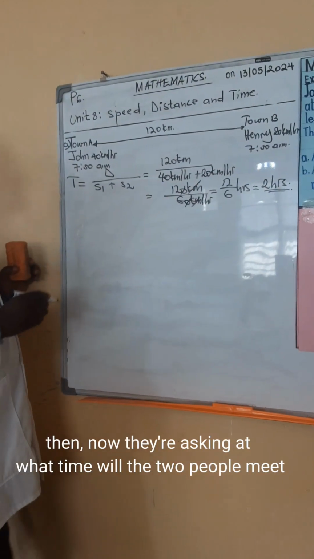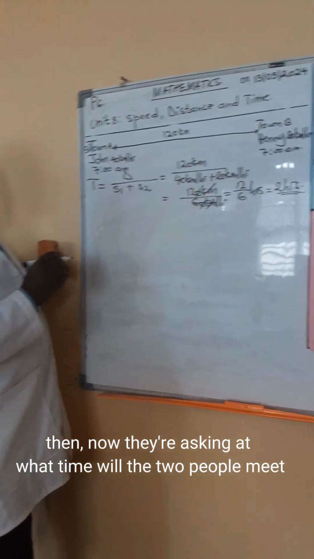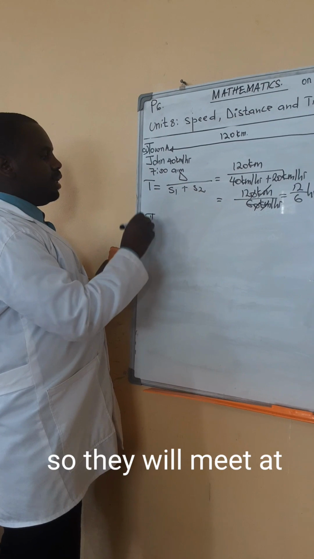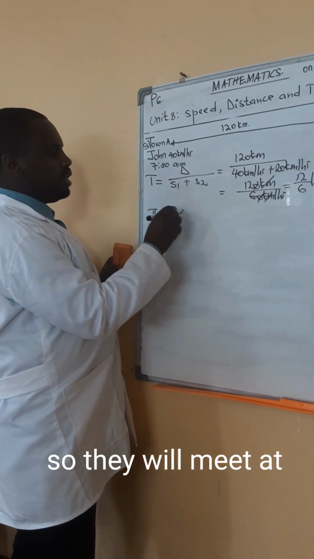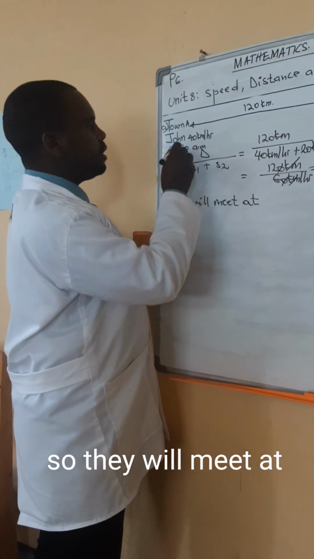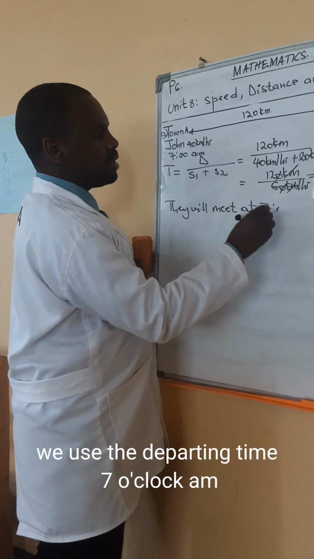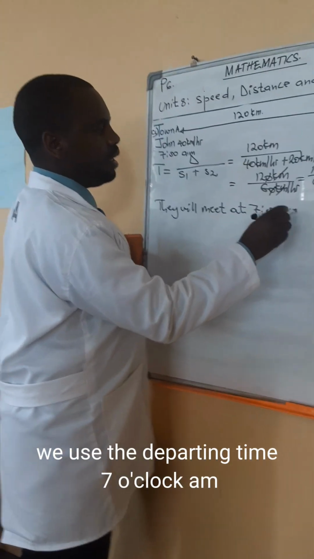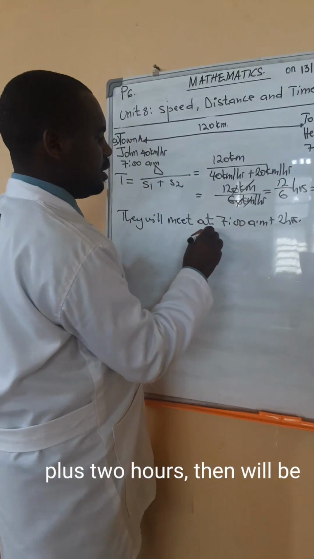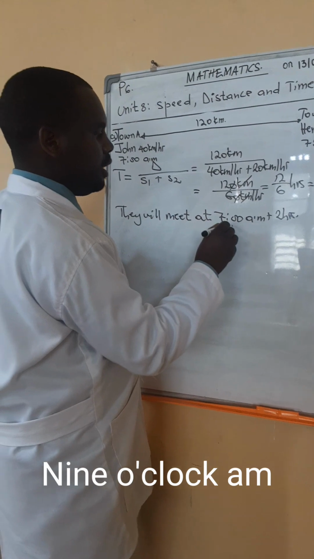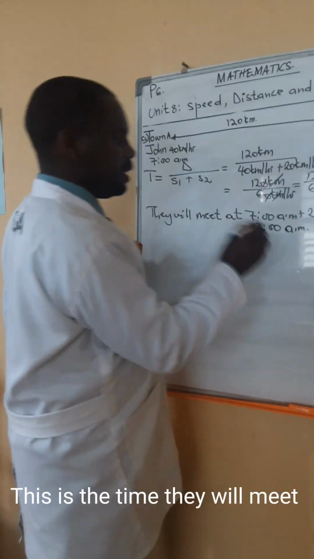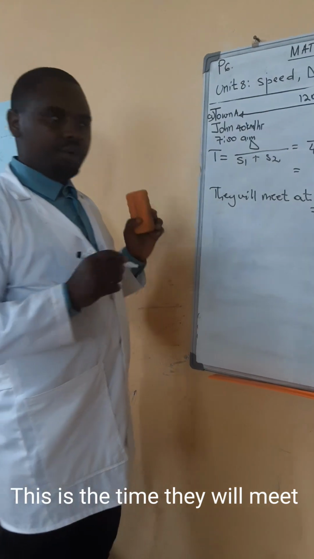Then, now they are asking at what time will the two people meet? So they will meet at, we use the departing time, 7 o'clock a.m. plus 2 hours, then will be 9 o'clock a.m. This is the time they will meet.